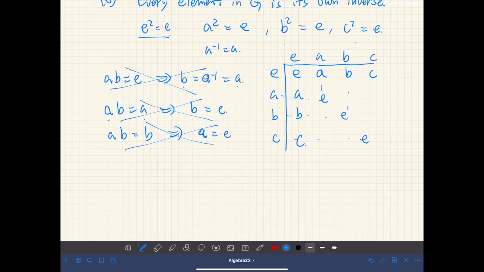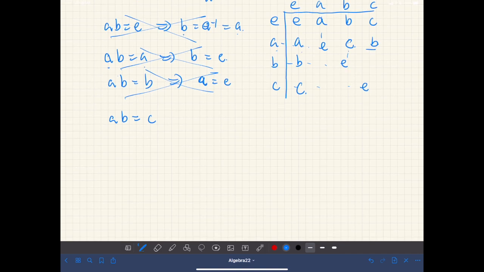Therefore, the only possibility is that AB is equal to C. So AB is equal to C. Then the remaining element in this row, the second row, must be B.